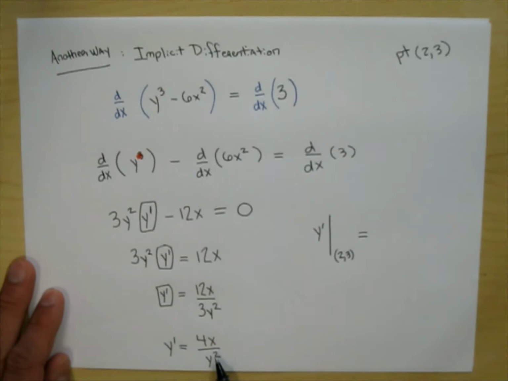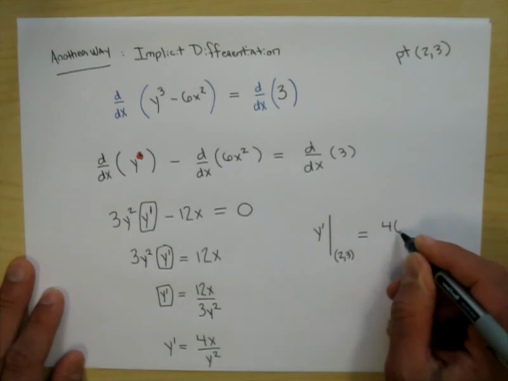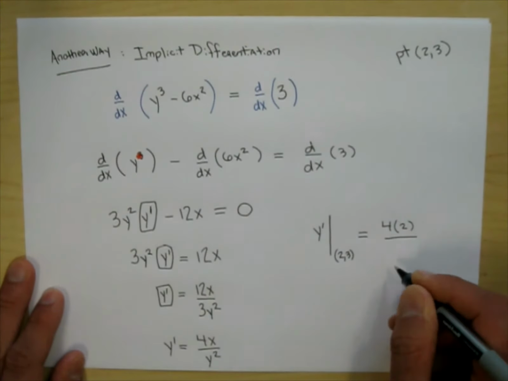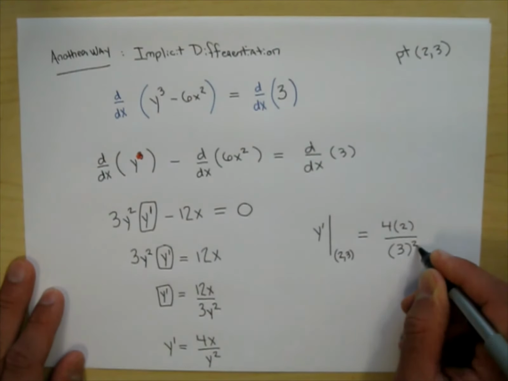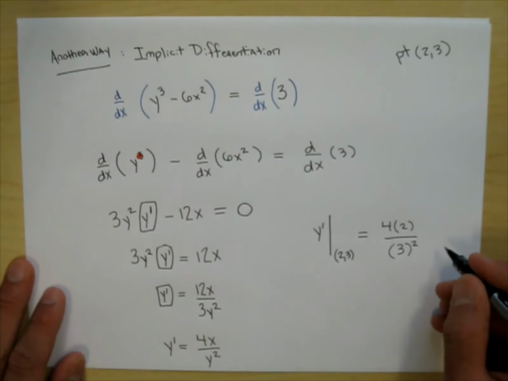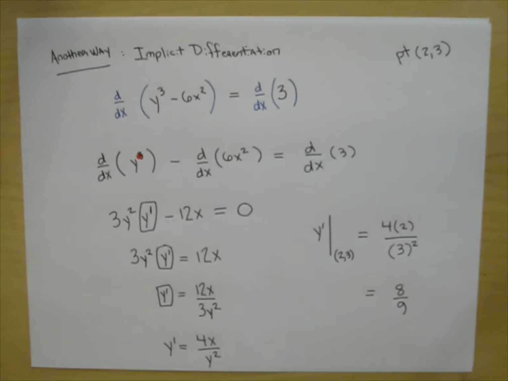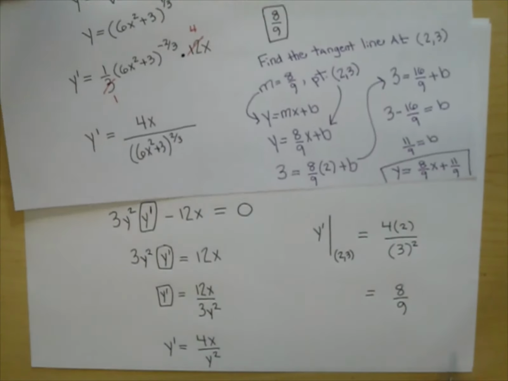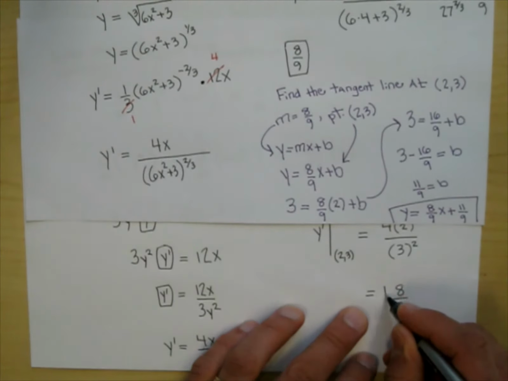I put 2 in for x and 3 in for y. So 4 times 2 all over 3 squared. So what does this give me? This gives me 8 over 9. And 8 over 9 is what we got when we did it the first time.